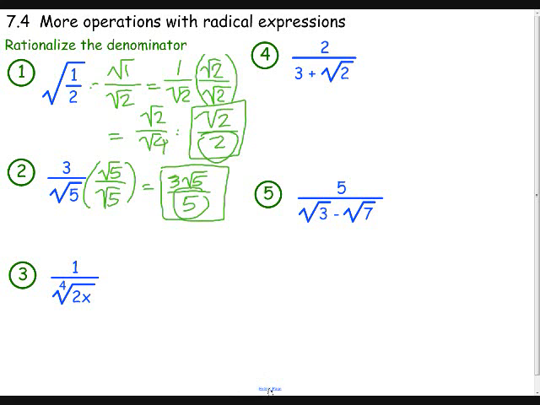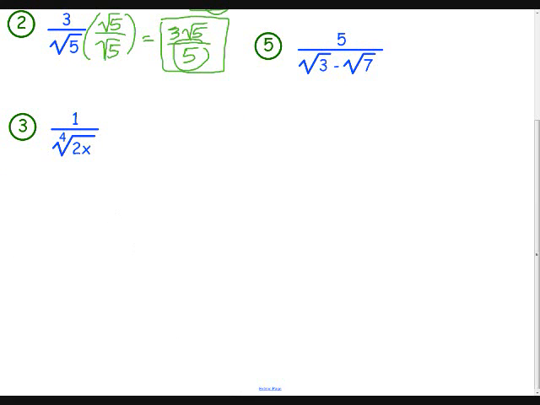Number 3, I think this one's a little tricky. Let's write something down here. We'll get rid of it in a minute, but if I have the fourth root of 2x, and I want to get rid of that radical, about the only way to do it is to raise this to the fourth power.